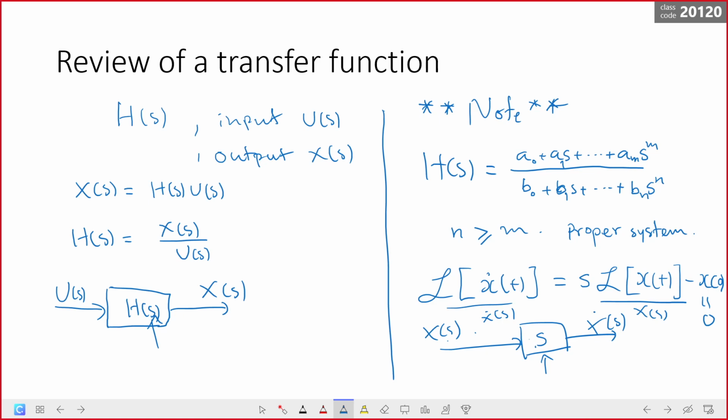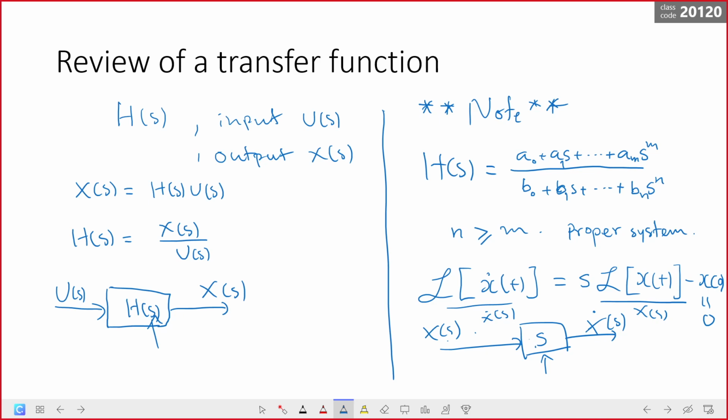So h of s times s is h dot of s. So here, do we call this a proper system? No, it's not proper. Why?